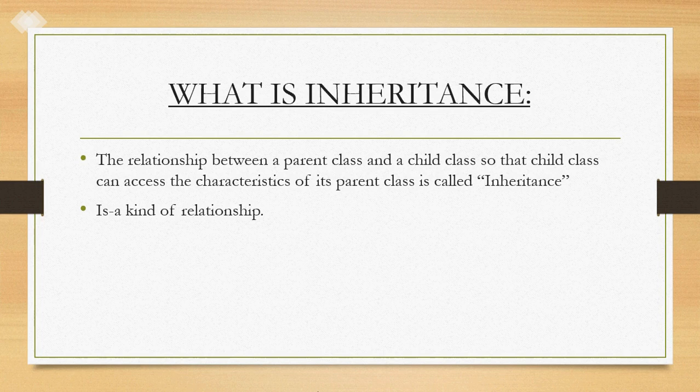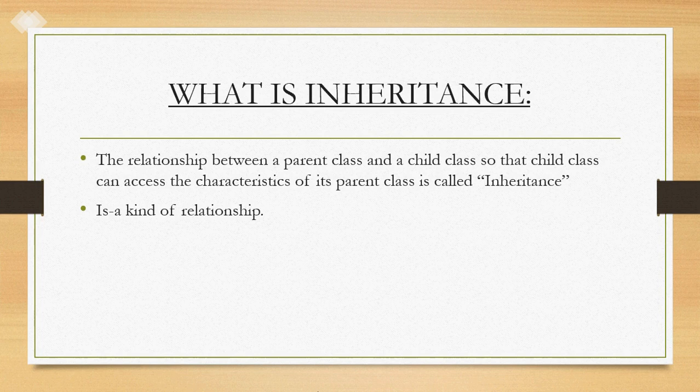See, if a baby is born, he can adopt some features of his parent, right? So in OOP language we say that the parent or mother is a parent class, and the baby is a child class.